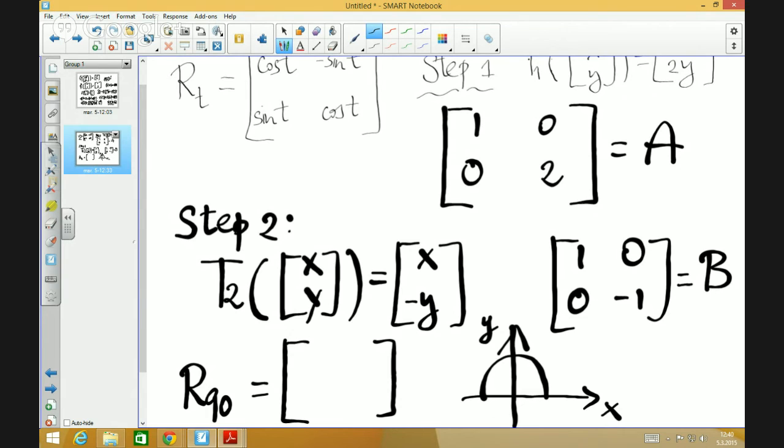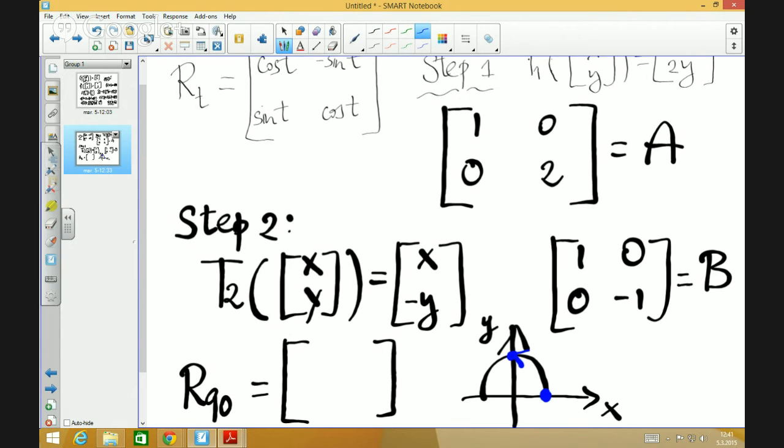So if I take this point, which is 1, 0, and I rotate it by 90 degrees counterclockwise, where does it go? It goes to 0, 1, because it gets here. So that's where it goes.